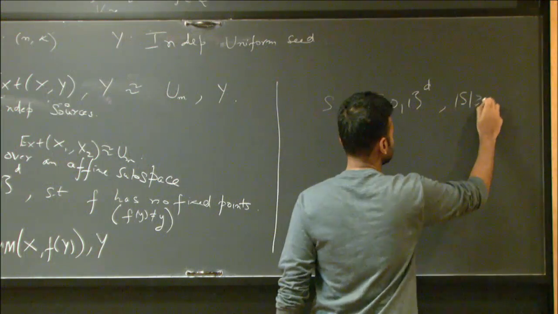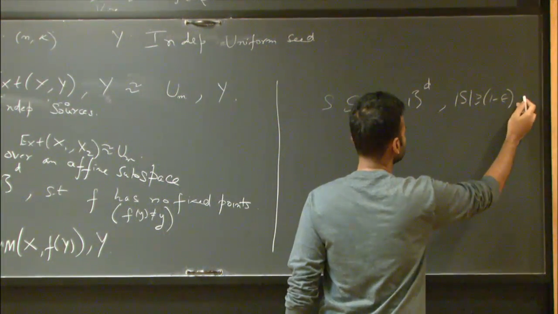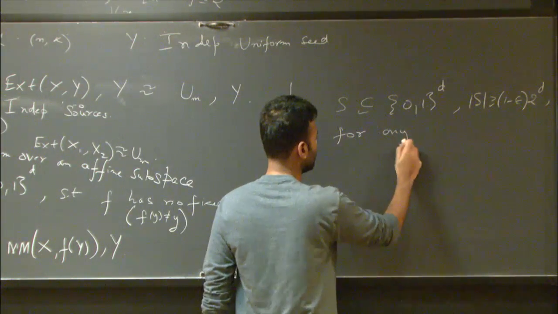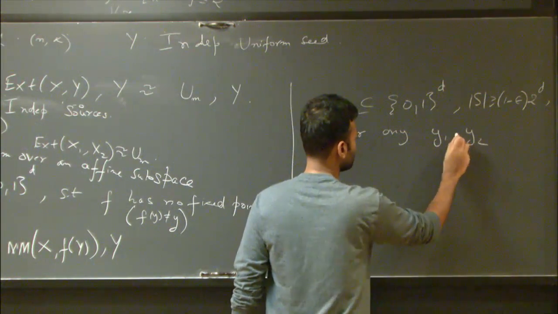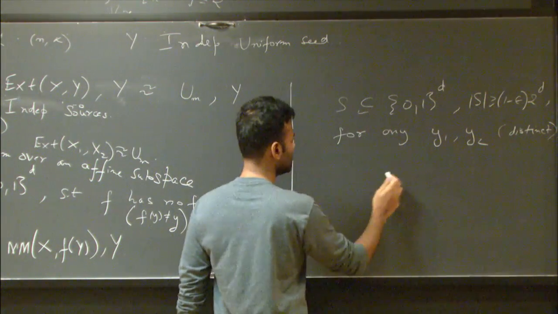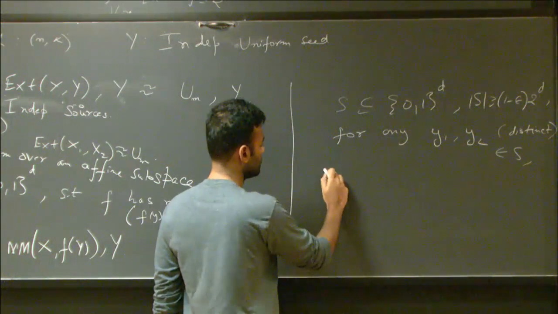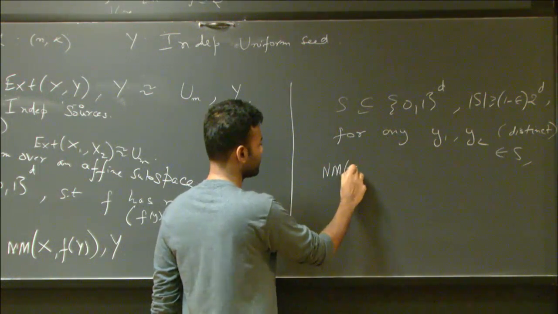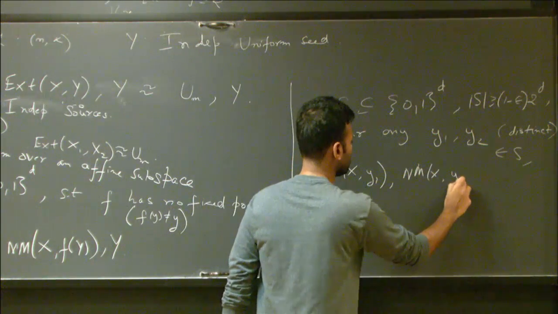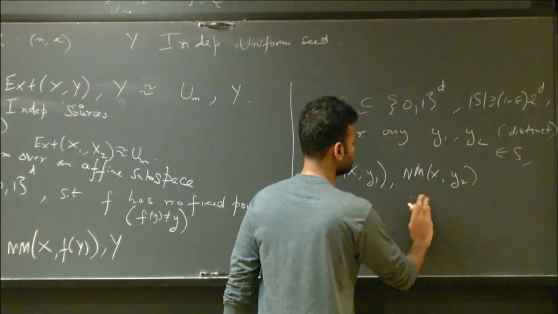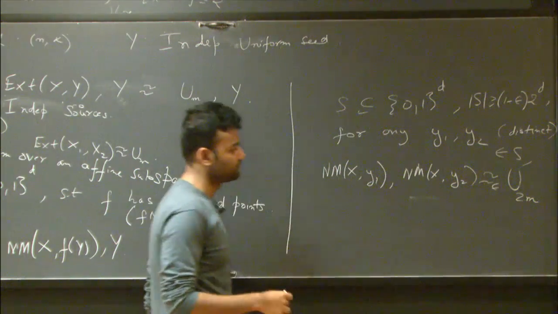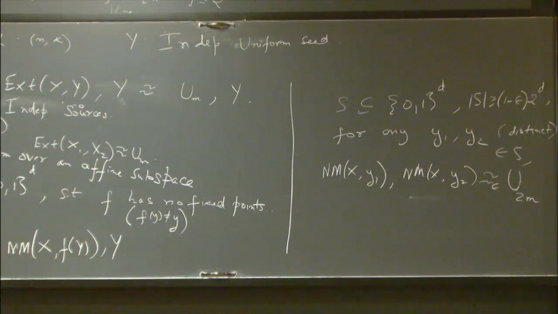So the size of S is such that for any distinct y1 and y2, both in S, the non-malleable extractor of x comma y1 is actually close to this.